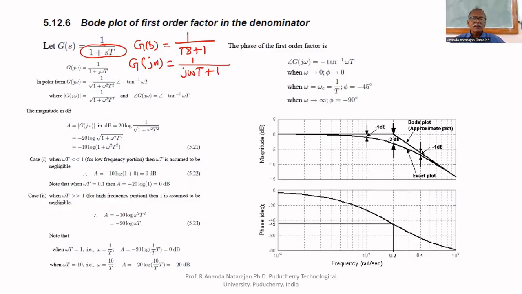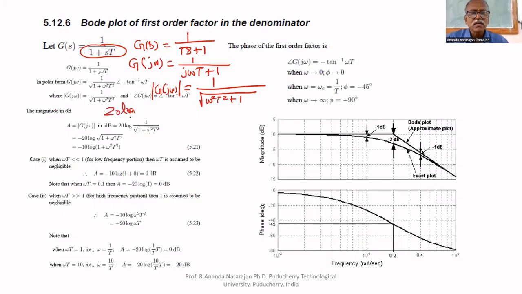Then we have to find the magnitude. Modulus of G of j omega, that we have to find. That is equal to 1 by square root of imaginary part square plus real part square. This is magnitude plot. What is it in decibel scale?